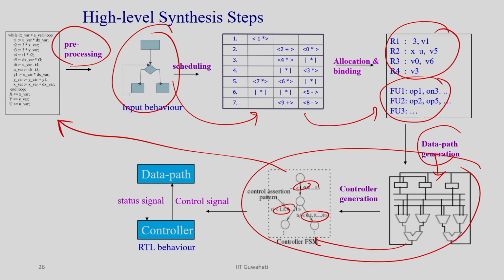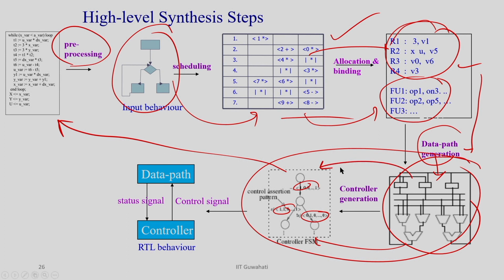So, this concludes the overall process, but the interesting things we will cover in this course are: how I am going to do scheduling automatically, how I can do this algorithmically, and how, given this data path and this information, I can synthesize the controller.